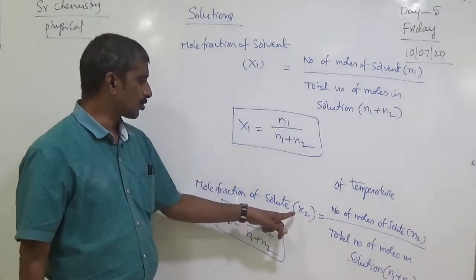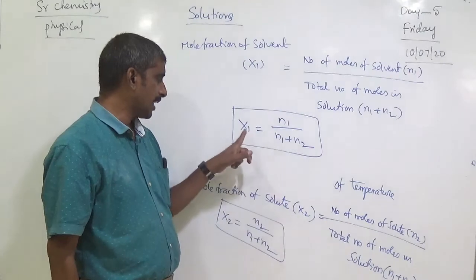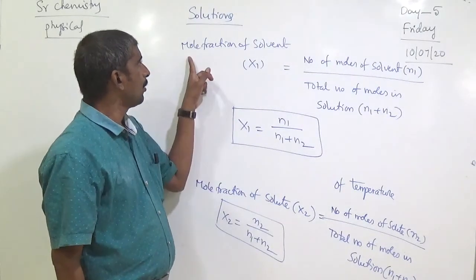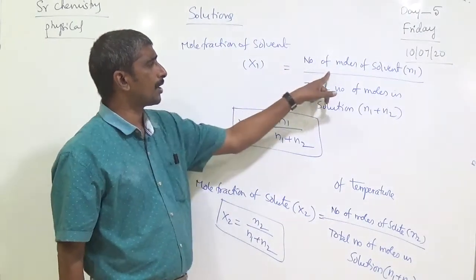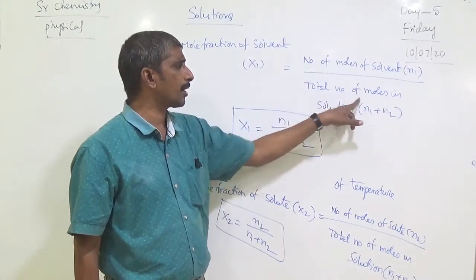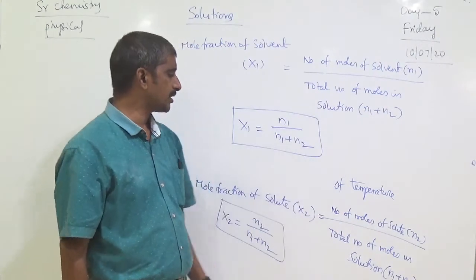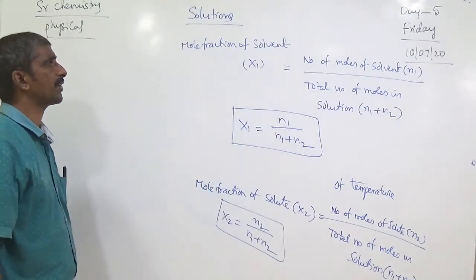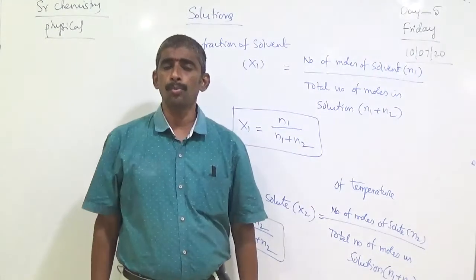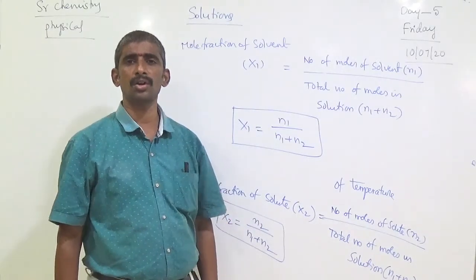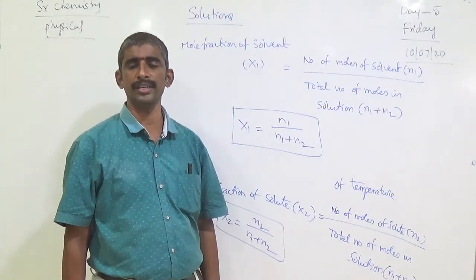So x2 means mole fraction of solute. x1 means mole fraction of solvent. Mole fraction of solvent equals the number of moles of solvent by the total number of moles in solution, N1 plus N2. The mole fraction of solute and solvent in a solution is unity, that means 1. So x1 plus x2 equals 1.